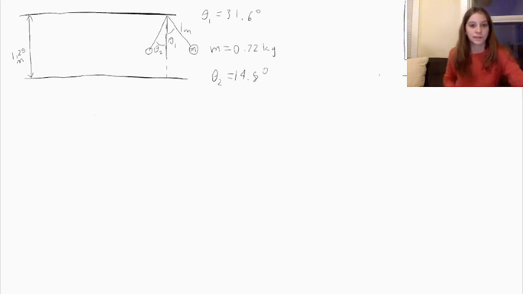We're trying to find the distance between the point directly down from the hook that the string is attached to and where the ball lands.